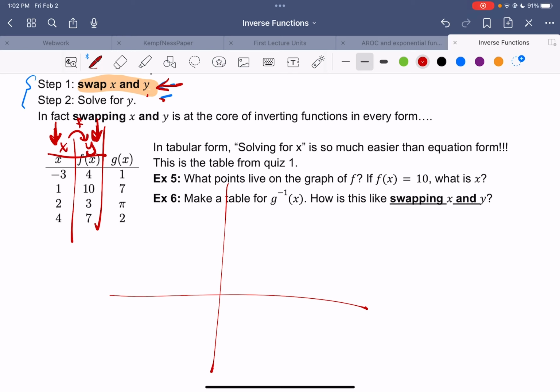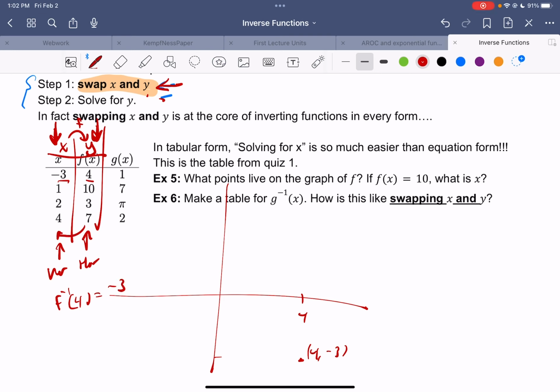But if you switch them, and this is going to be the horizontal, and this is going to be the vertical, well, then I should go to (4, -3). So maybe I'm here. So (4, -3), and what this is saying is f inverse of 4 is equal to negative 3.